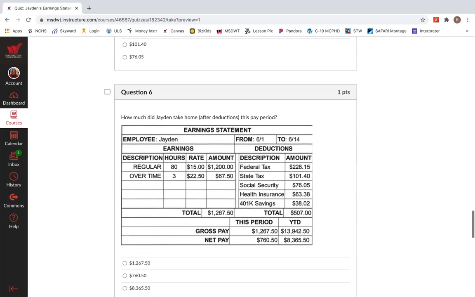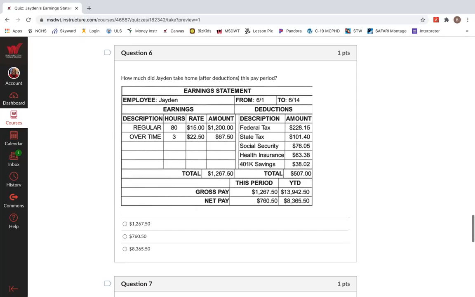Question 6. How much did Jayden take home, which means after deductions, it's also your net pay, this pay period? Did he take home $1,267.50?